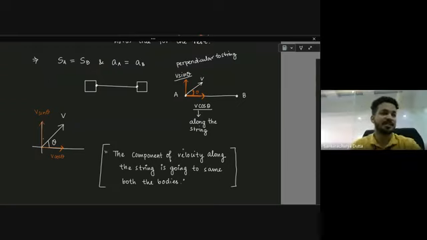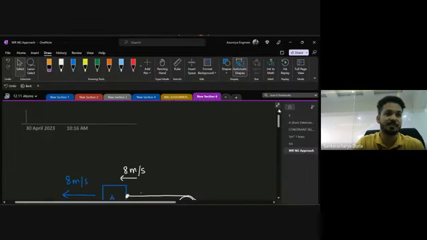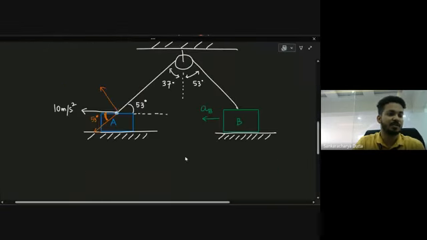What I'm trying to say here, and this is the same concept I'm using for A and B: if you're ever given any random velocity which is not along the string, you have to always resolve these vectors along the string and perpendicular to the string. Only V cos theta is going to play a role and not V sin theta. This I've been telling from the beginning of the class, and this is going to happen here also.